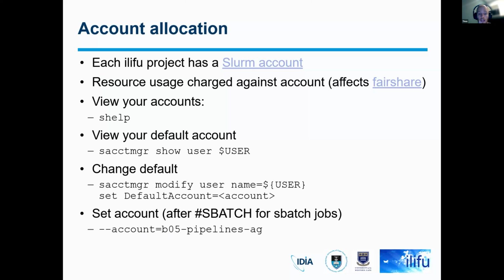You will have different priority ratings and so on for each of these accounts, and this makes it possible for us to determine how much resources you are allowed on the cluster.